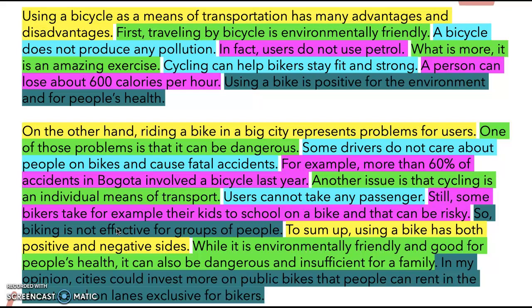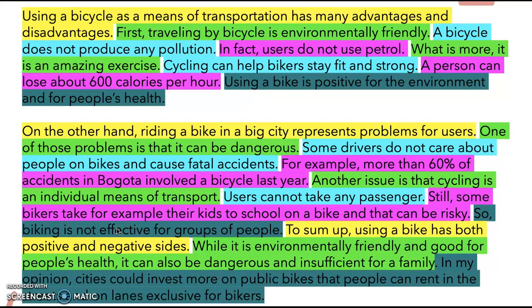We have the first disadvantage, that it can be dangerous, followed by its support and an example. The second disadvantage, that it is an individual means of transport, the support, the example, and then we have our conclusion. We have the closing sentence for this paragraph.